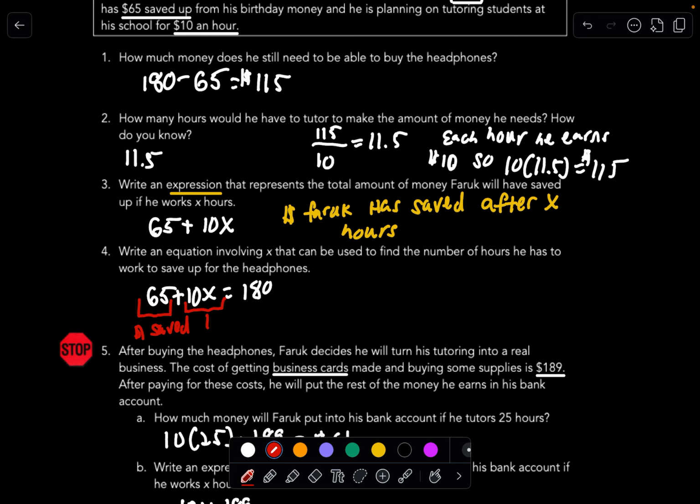This is amount earned from tutoring. And this 180 is the cost of the headphones. Okay.